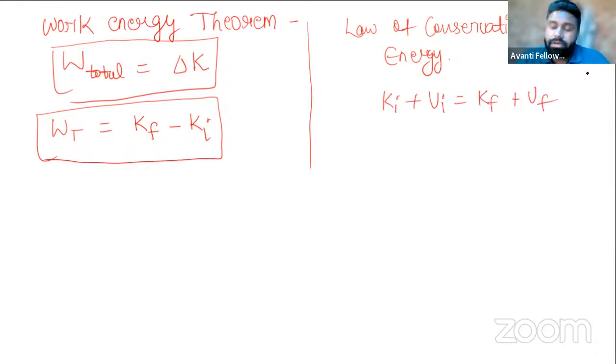When you apply the conservation of mechanical energy, it is restricted to systems where only conservative forces are acting. But the work energy theorem you can apply anywhere. It is true for all kinds of forces.